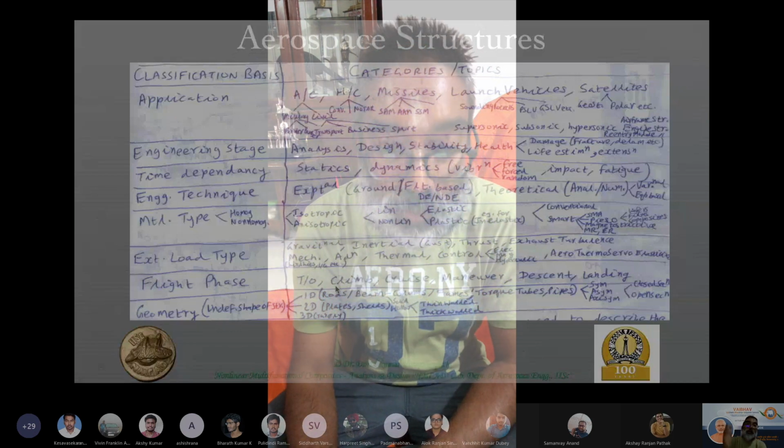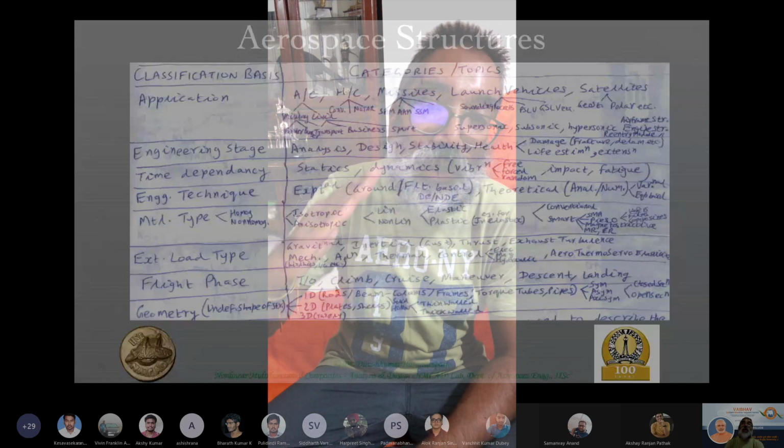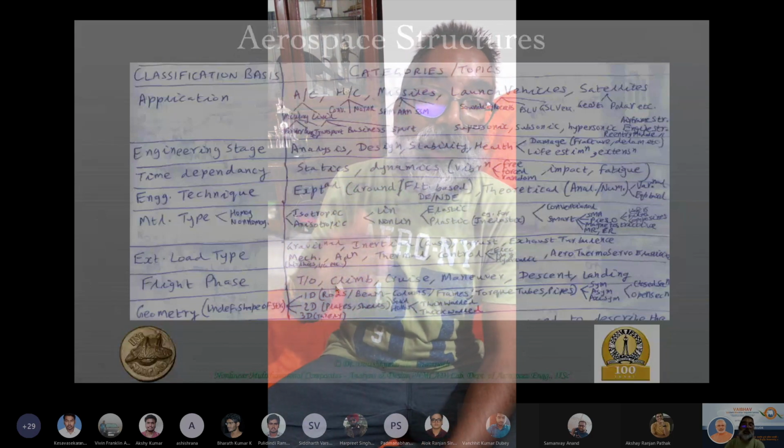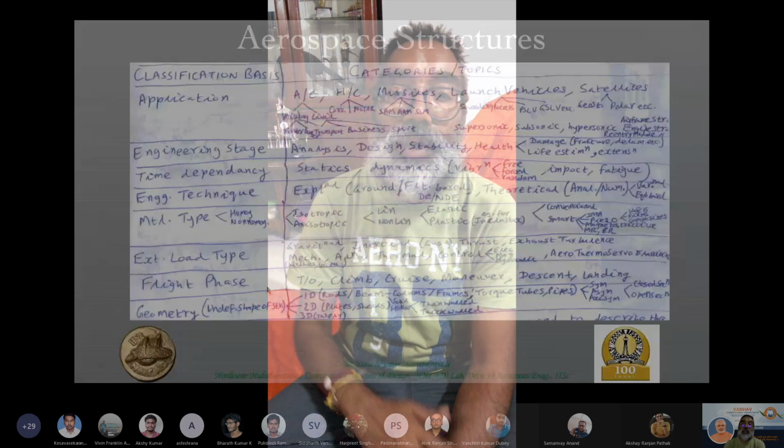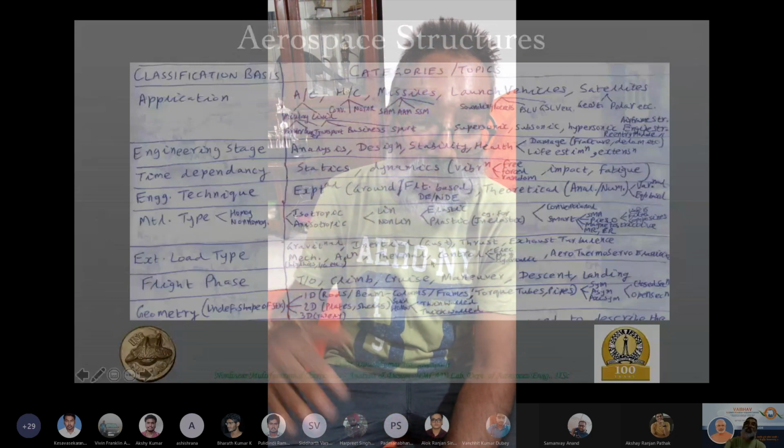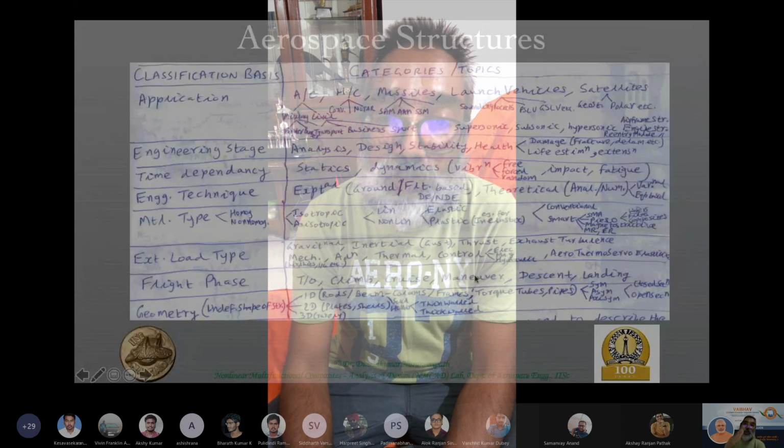Again, next you go to the climbing phase, where there are no ground loads, but the atmospheric loads are varying quite a bit, so the dynamics coming because of that, and the ground effects are there.